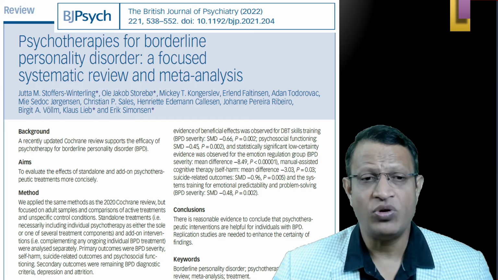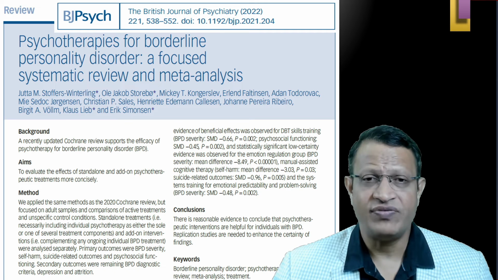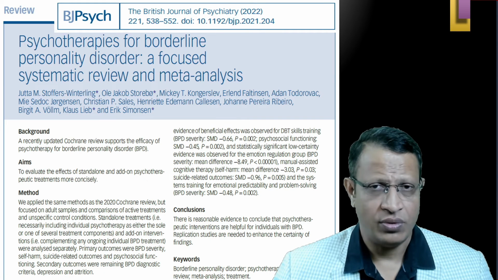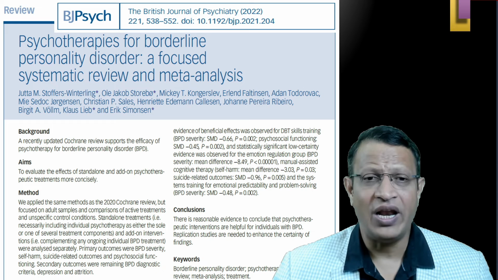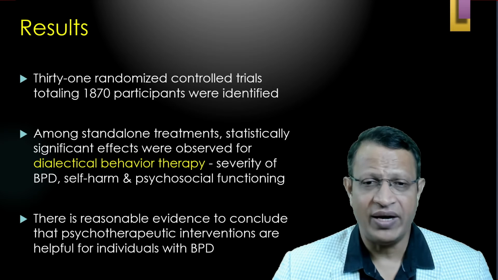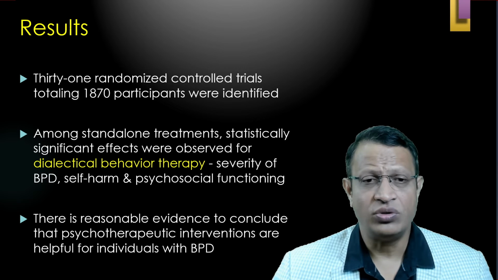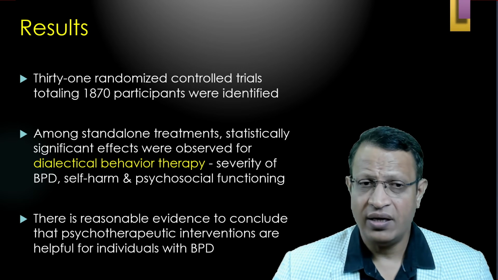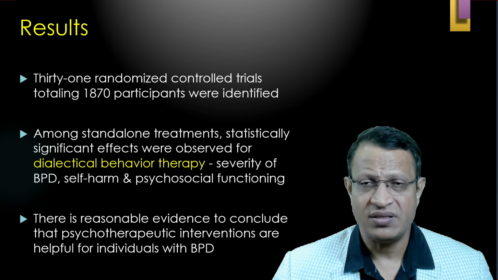Similarly, there was one more study done by Winterling and his colleagues, published in the British Journal of Psychiatry in 2022. The title of the study was Psychotherapy for Borderline Personality Disorder, a focused systematic review and meta analysis. In this study, 31 RCTs were included, totaling about 1,870 participants.